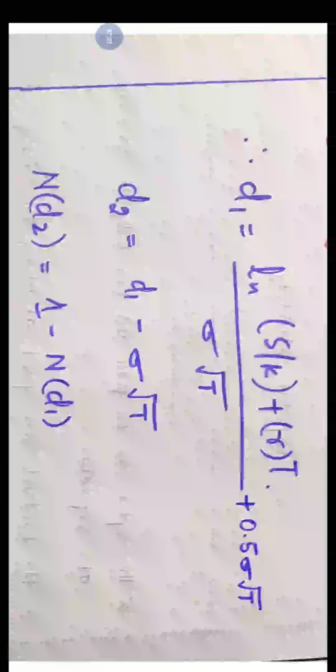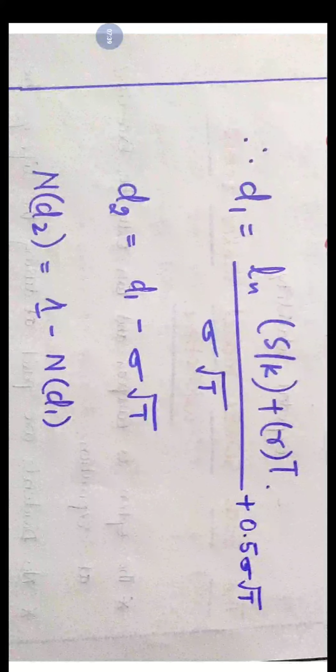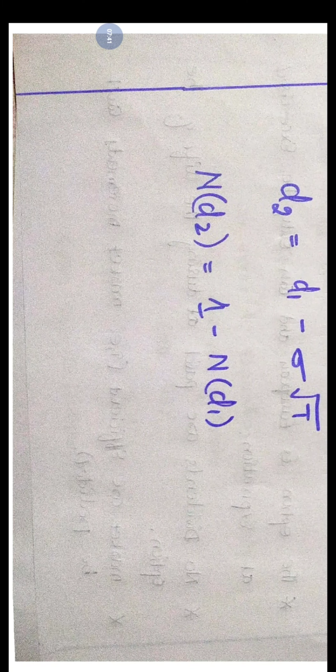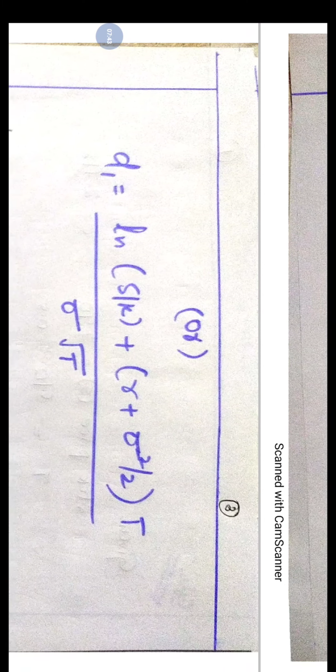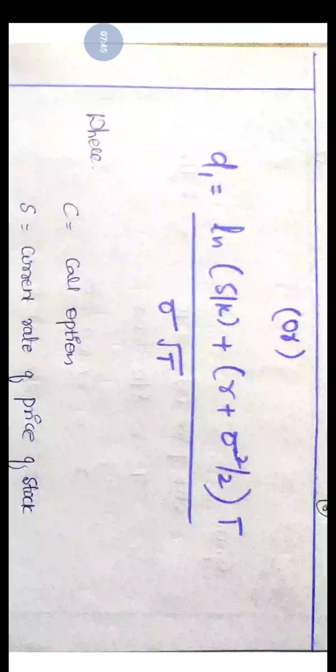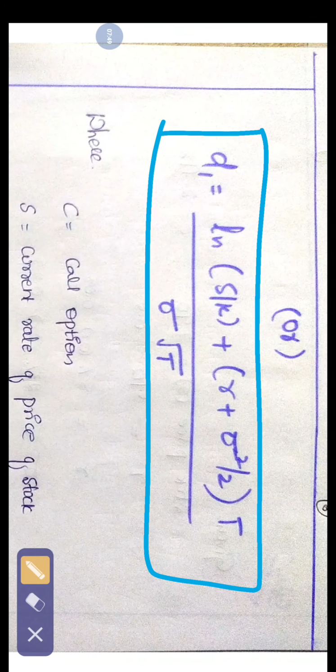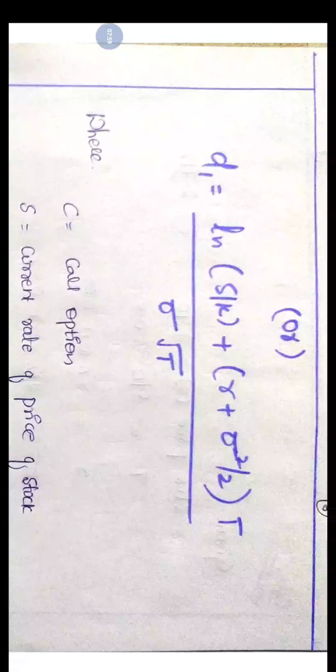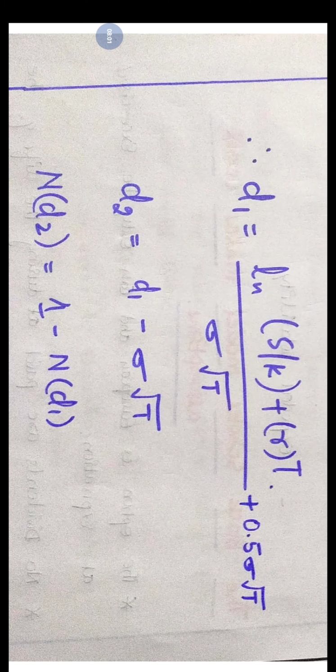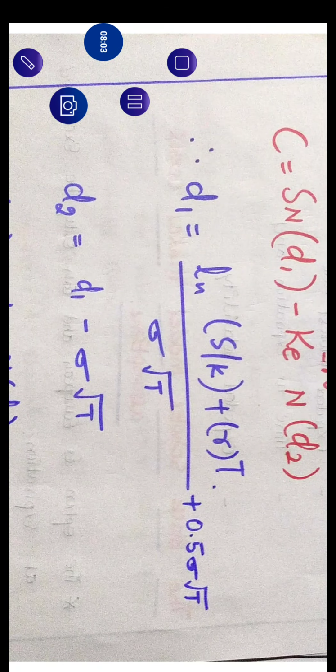You will get to know this while we solve the problem. There is one more formula for D1. Same thing, ln(S/K), the change is that standard deviation to the power 2 is there, divided by 2. We will use this formula only, which is the simple one.